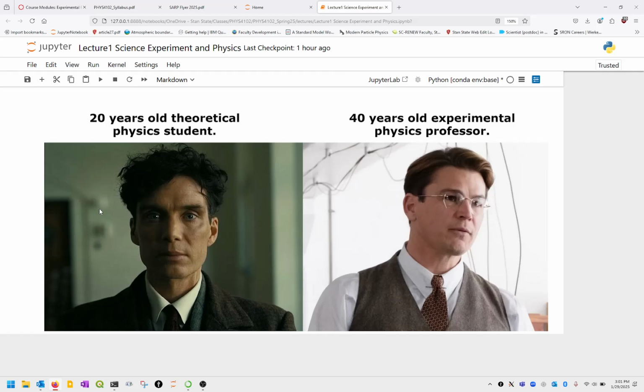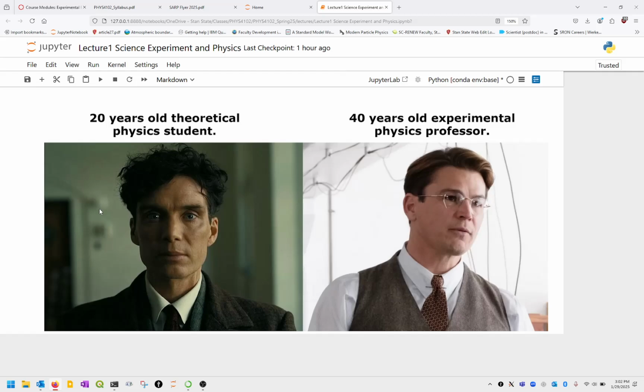So in a movie that came out last summer, Oppenheimer, supposedly this guy, Lawrence, what's his first name? Ernest Lawrence is the experimentalist, and Oppenheimer is the theorist.